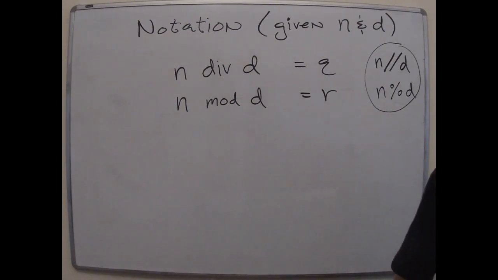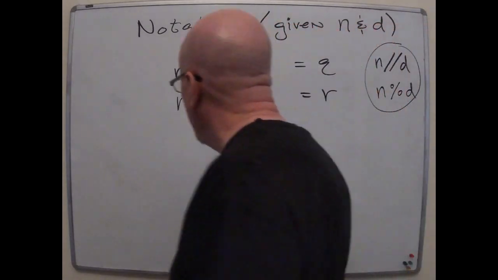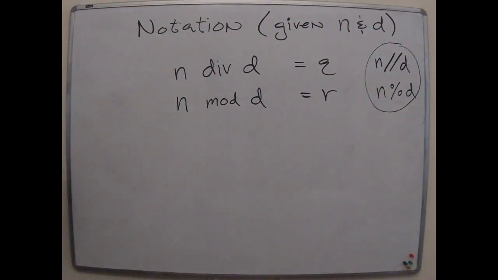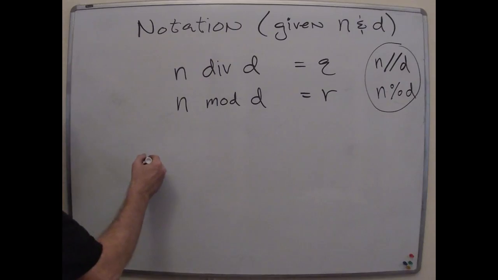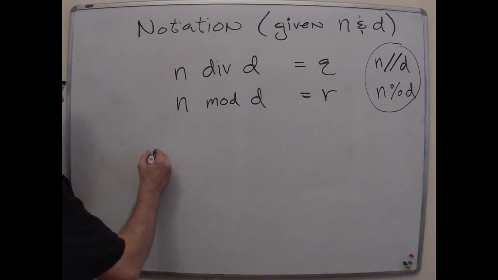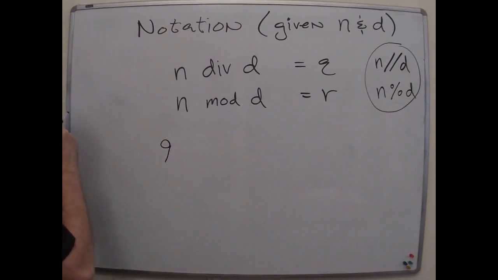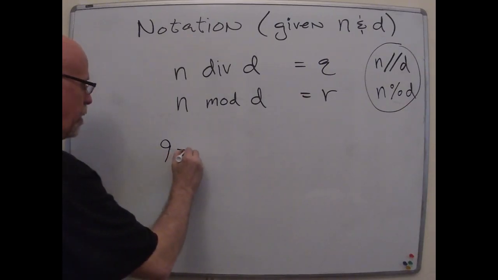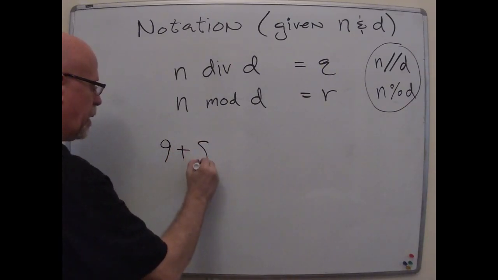Well, I think it might be useful just to take a second and show you how to compute some of these things, in particular the mods. So for instance, suppose it's 9 o'clock right now, and I want to know what time is it going to be 8 hours from now.